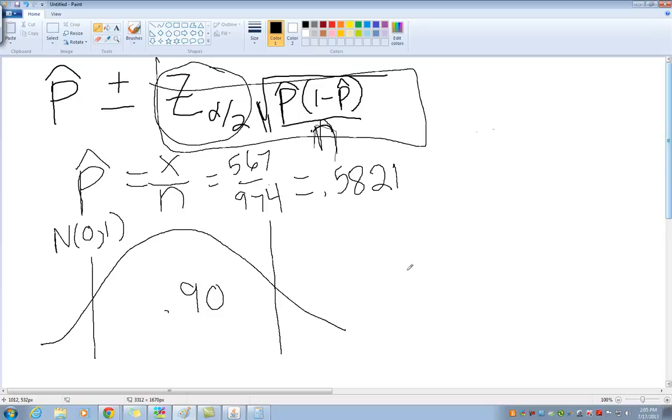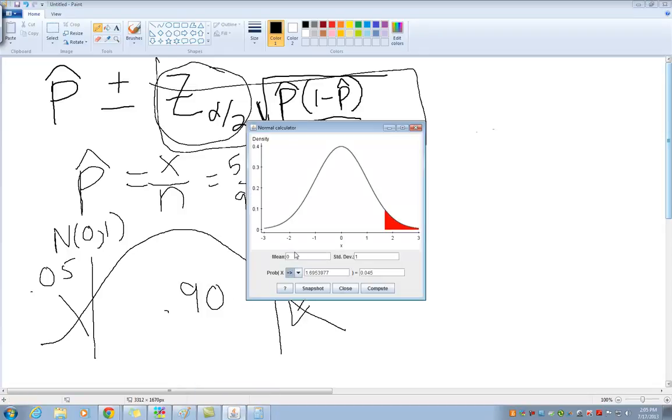Now this picture is important because if you try to skip the picture, people want to enter 0.9 at a certain point, and that's not usually what we enter. So if we're cutting off the middle 0.9, then we've got 0.05 left up here, and 0.05 left down there. And so what we want is a picture of a normal, mean 0, standard deviation 1. We want 0.05 to be cut off of the top.